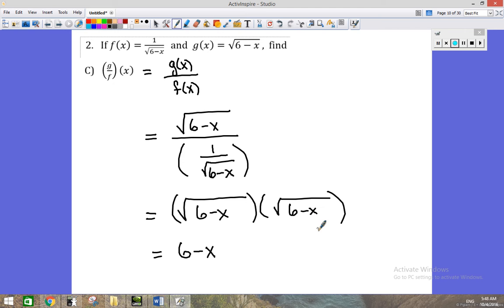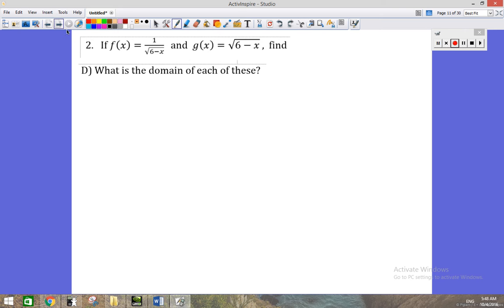Now in part D, we want to find the domain of each of these. So let's find the domain of f, find the domain of g, intersect them together, and then also when we're finding the division, make sure the denominator is not equal to 0.